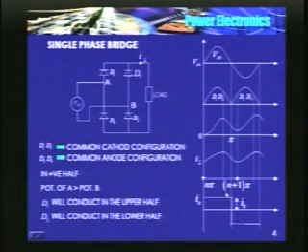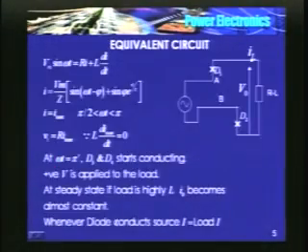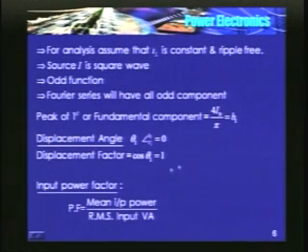If I plot the fundamental component of the source current, it looks like this, whose frequency is the same as the input voltage. You will find that these two, voltage and the fundamental component of the source current, are in phase. In other words, displacement angle is 0. What is the displacement factor? It is the cos of the displacement angle. In other words, it is 1, unity.